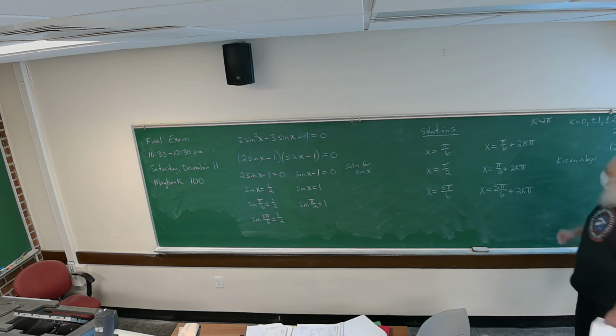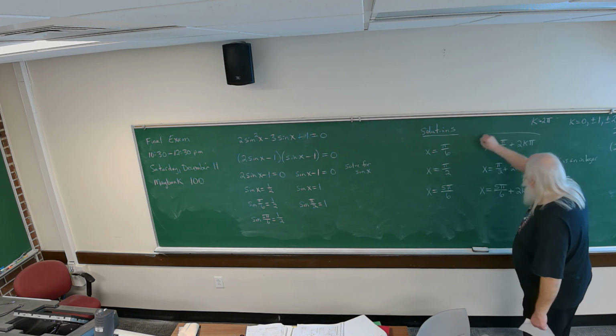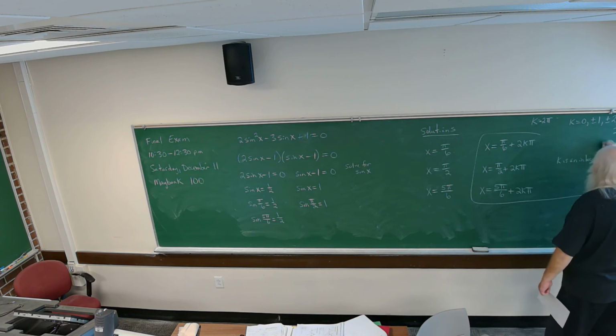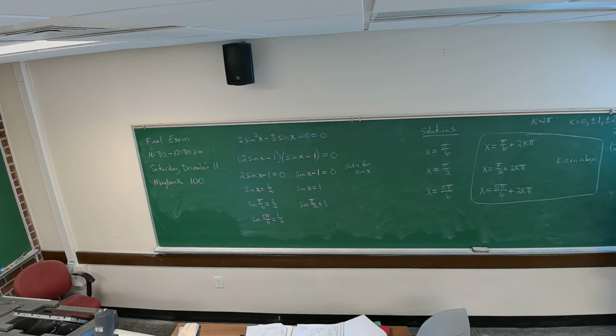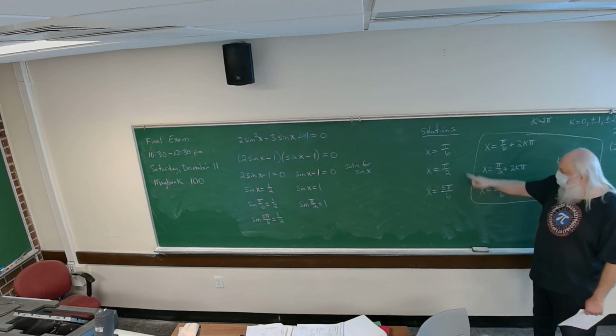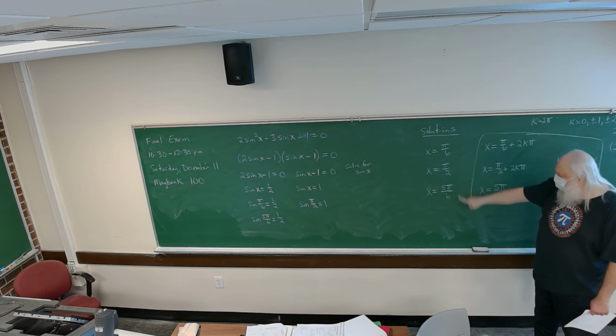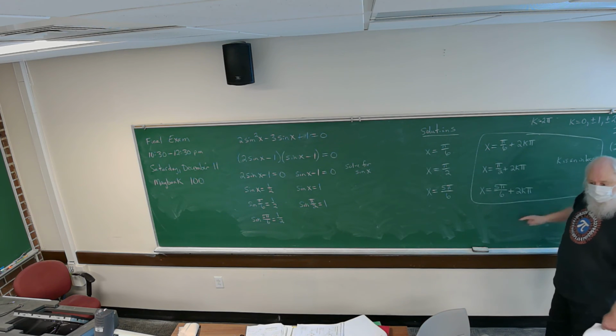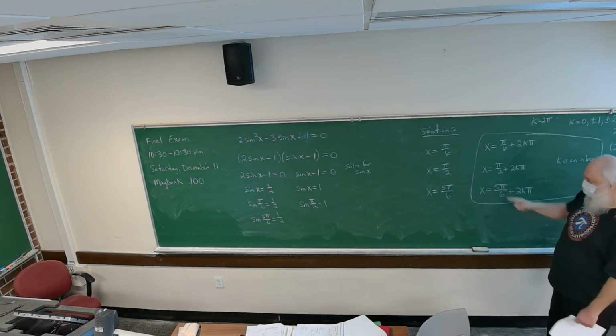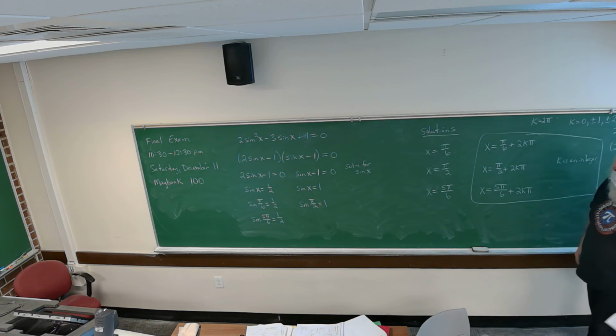And so this is the solution. First, we find the solution to the equation on the unit circle, and then we write out all the coterminal angles to the solution on the unit circle.